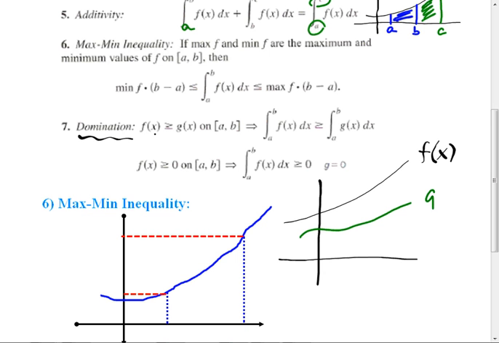This makes total sense if you think about it. And it says the area from a to b of f of x, that integral, there's a, that's b, and they're saying that this integral is bigger than the integral of g.